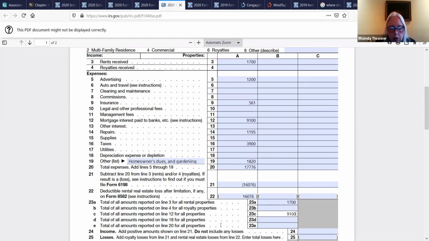And then total of amounts reported on line 18. We didn't have anything on line 18. Total of amounts reported on line 20. On line 20, we did have our total expenses there. So we're going to put total expenses there in 23E.